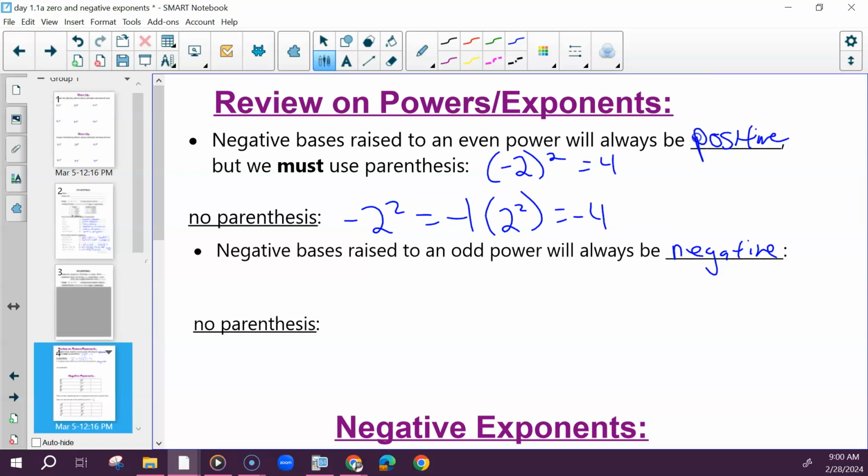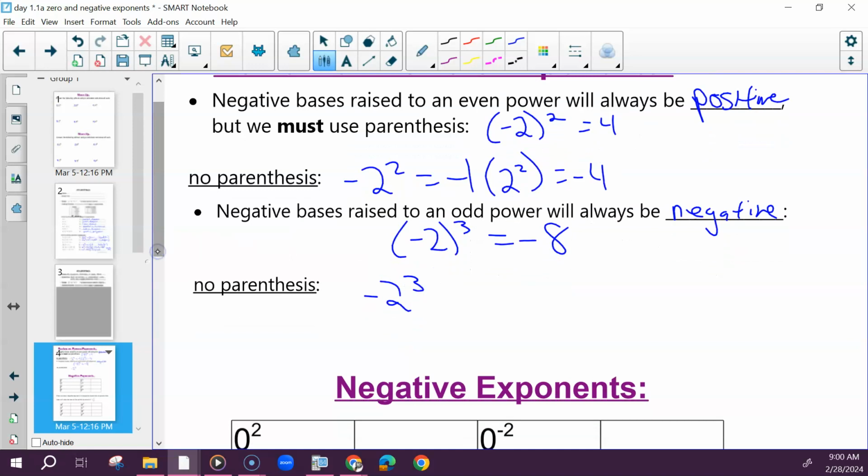But if we took that same base and we raised it to an odd power, let's say 3, what is that? Negative 2 to the third power. So not multiplying negative 2 times 3, but negative 2 times negative 2 times negative 2. Negative 8. And then if I didn't use parentheses, what would that give me?